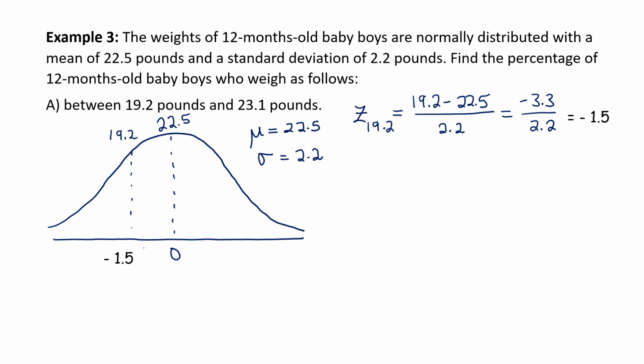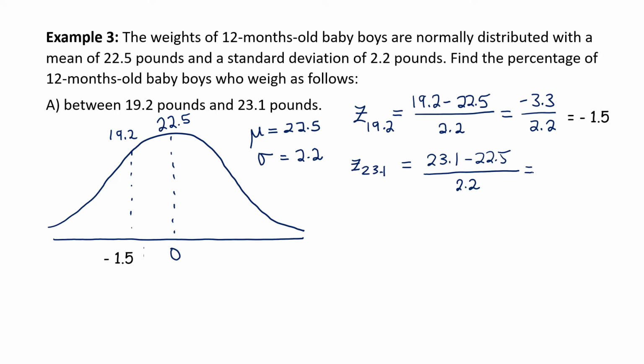Now let's find the z-score for the weight that corresponds to 23.1 pounds. Using our formula, it'll be the data item, which is 23.1, minus the mean, given in the problem as 22.5, and we'll divide that by the standard deviation of 2.2.